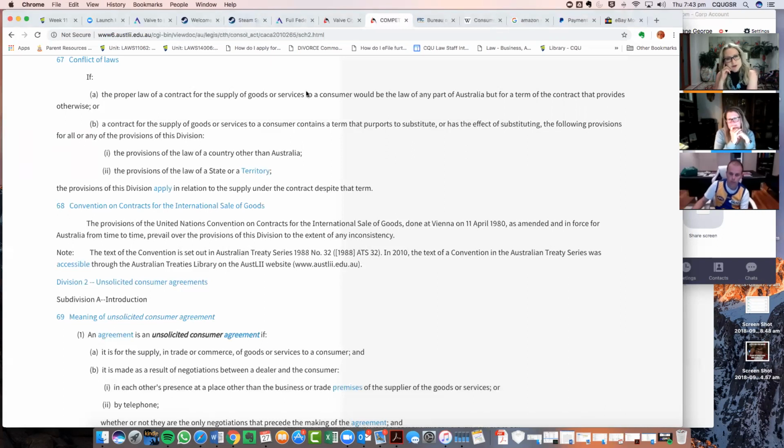In order for it to apply and catch the other party, they have to be either an Australian company or an Australian, or carrying on business in Australia. And this is the only thing that I think at present limits the Valve decision slightly.